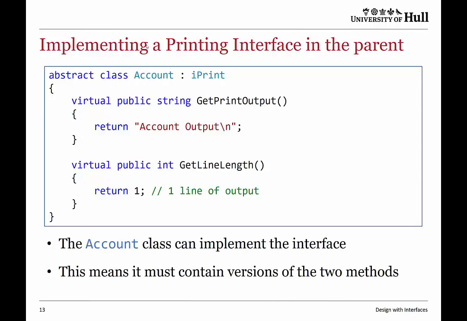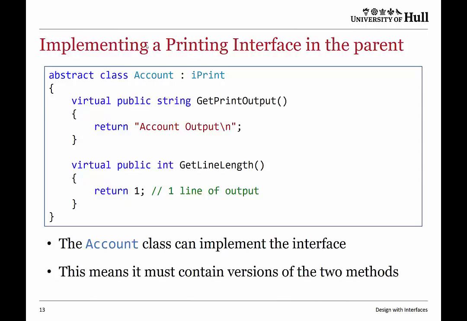This is different in that it means that if you implement the interface, I can treat you in terms of your iPrintness and nothing else. So my printer has a list of objects which implement the iPrint interface. So I have a reference to objects that can print, but I don't care what they are. Does that make sense?